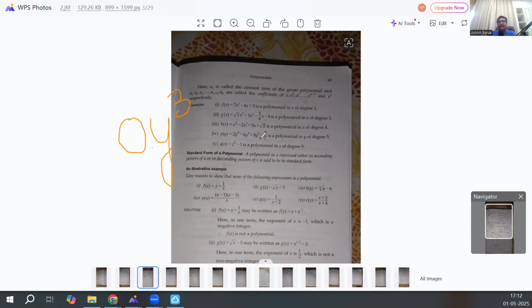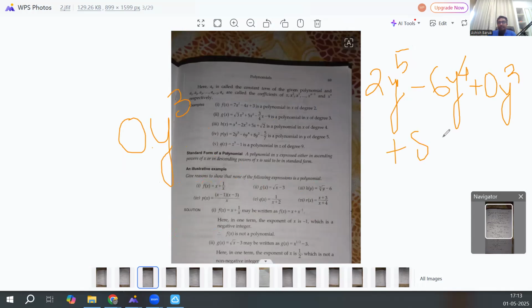So what can we write here? We can write 2y to the power 5, minus 6y to the power 4, plus 0 into y to the power 3, plus 8y square. So this is the second degree.